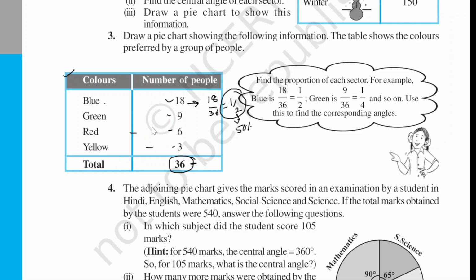So when you draw the pie chart, 50% of the area will be covered by blue. So this 50% will be for blue.